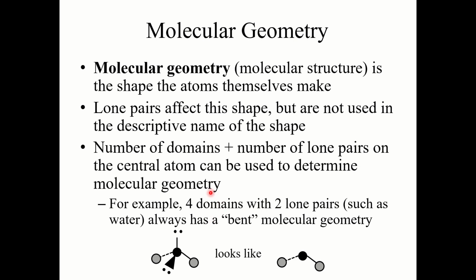So for example, something that has 4 electron domains, we would expect it to be tetrahedral, but if it has 2 lone pairs, it takes on what's called a bent molecular geometry, where these 2 bonds get pushed a little closer to one another because the lone pairs have very strong repulsion forces, and they push those bonds away from the lone pairs and closer together.